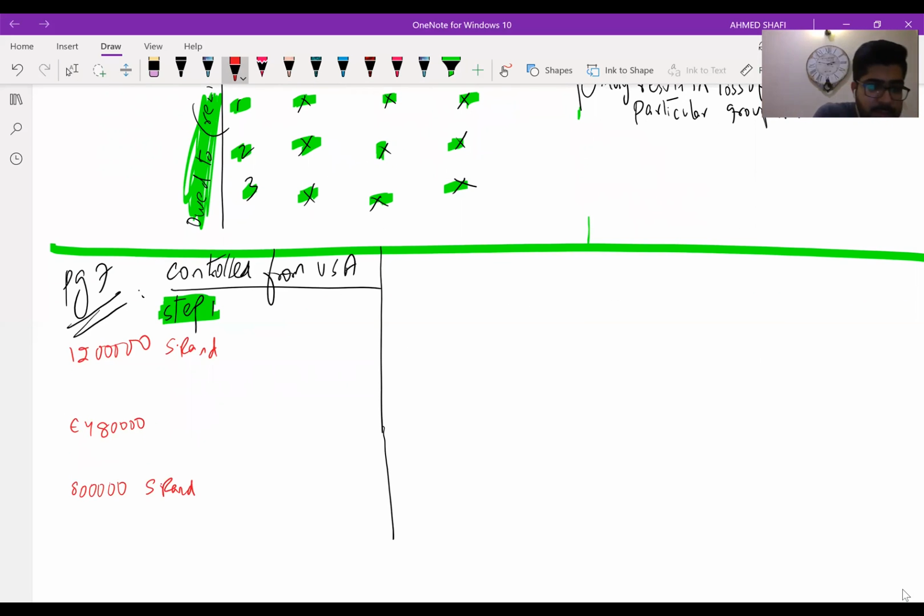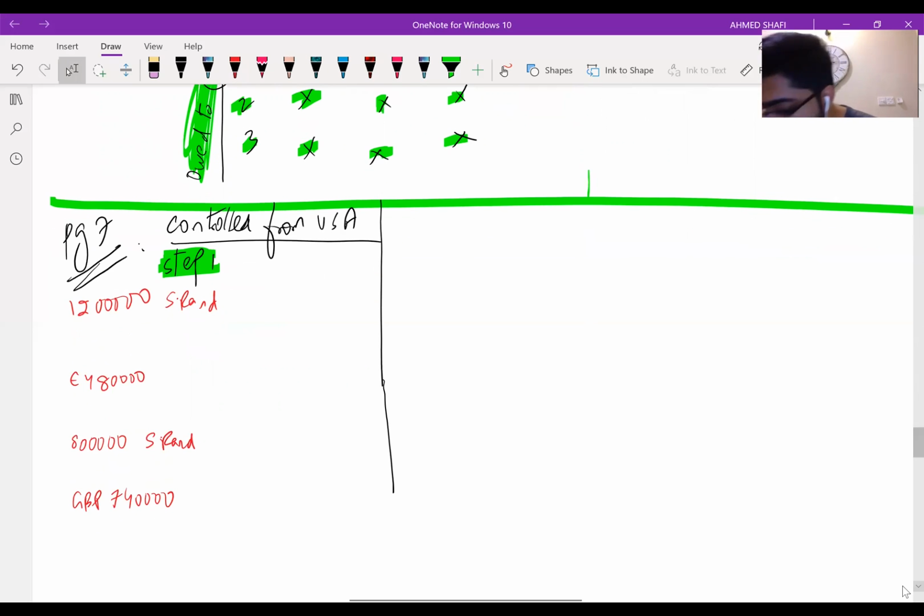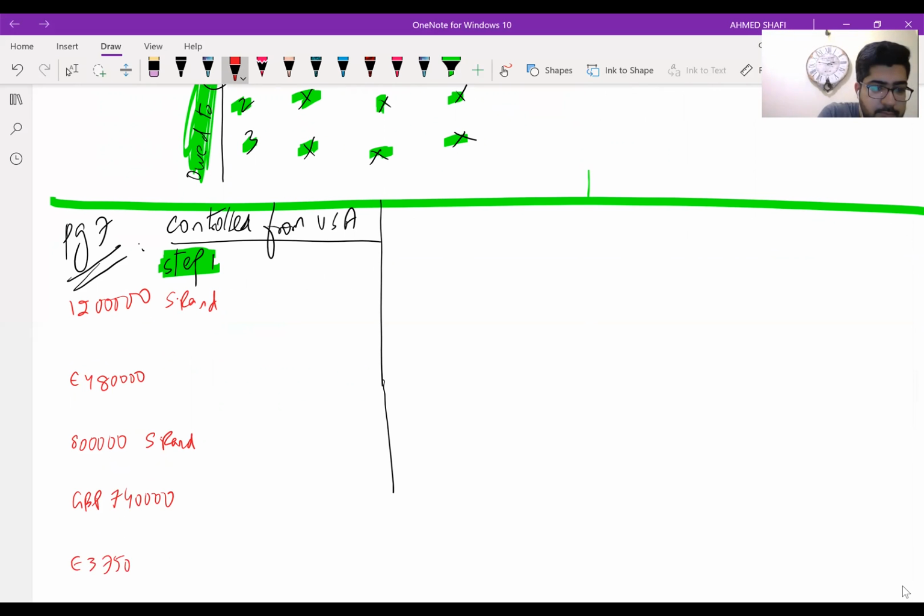The fourth balance is GBP 740,000. And the fifth balance is 375,000 euros.